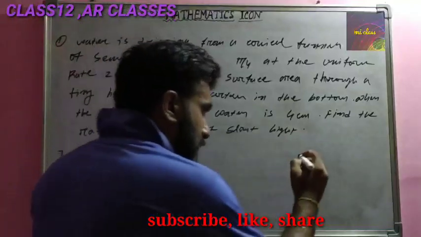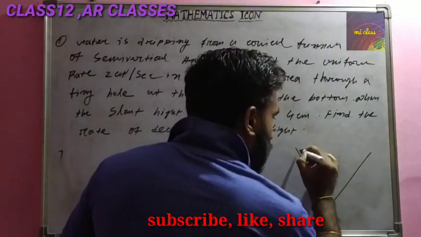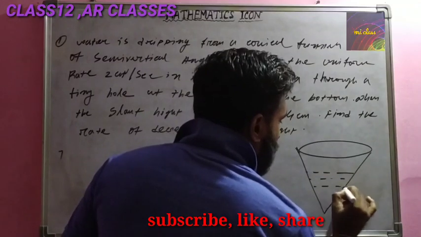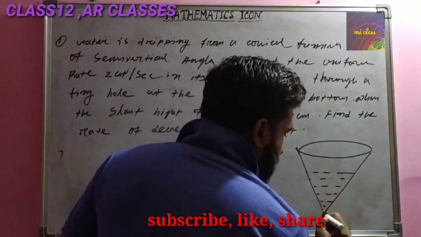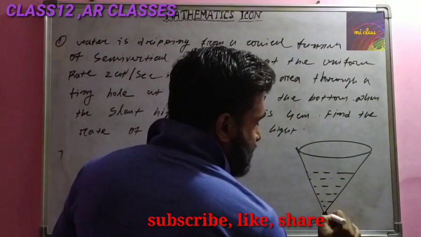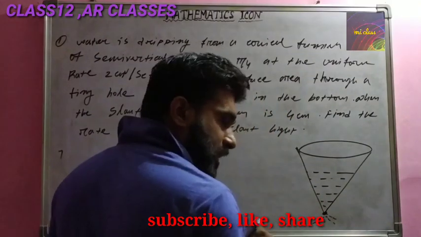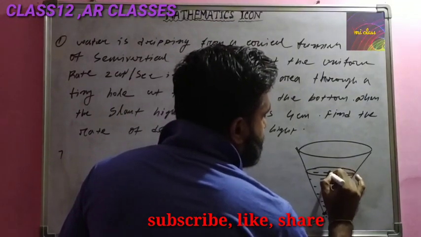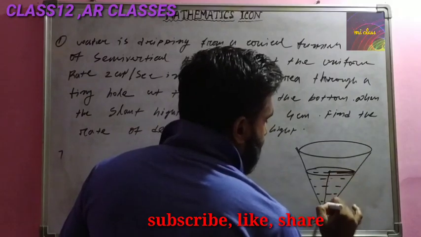Just draw a figure. This is the inverted cone, that means the conical funnel. Here some water is poured, and here a tiny hole is there, and that's why water is dripping out. So this is the surface of the water level, this is the base radius, and this is the height.